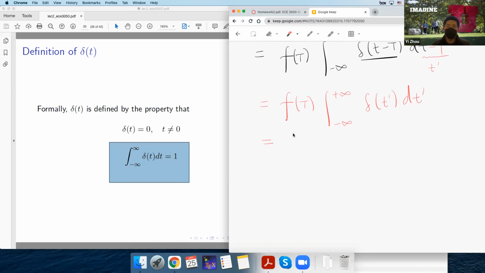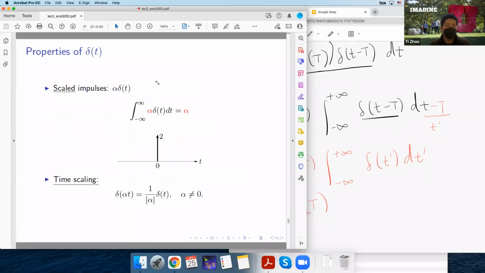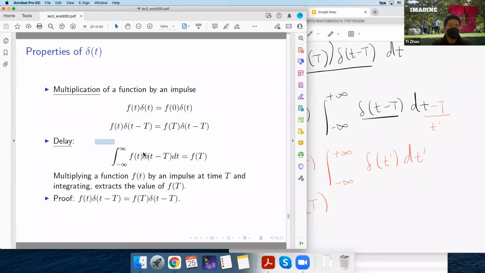So this gives us f(T). So that proves this equation.